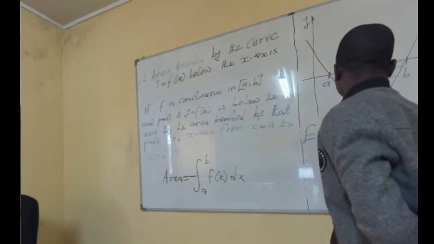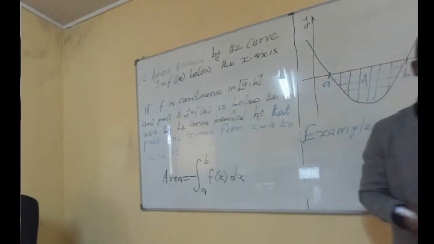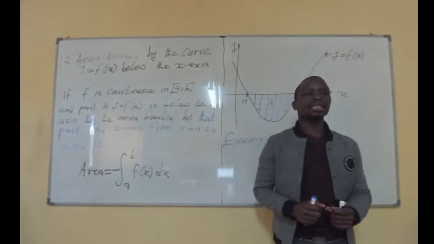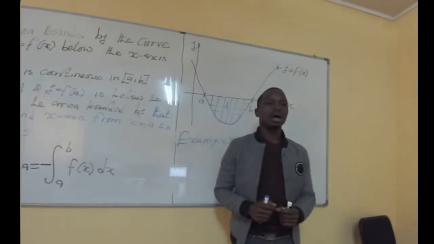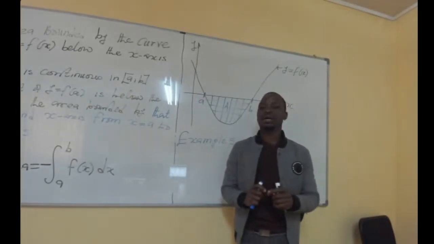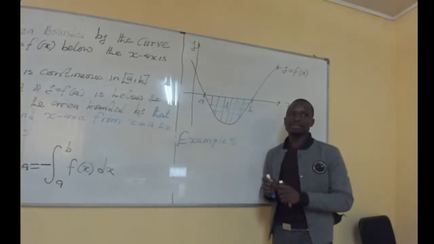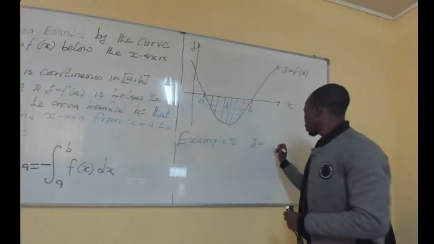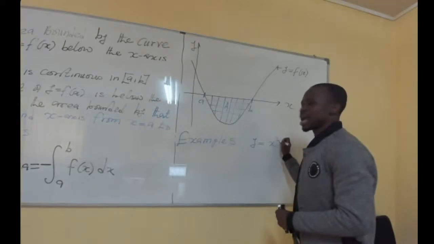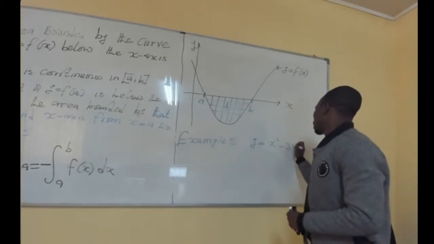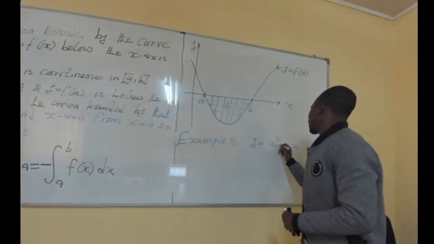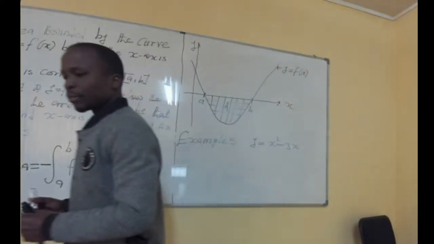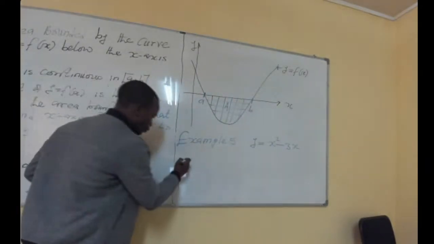It says, find the area of the region bounded by the curve y equal to x squared minus 3x. So what we're supposed to do is sketch it.